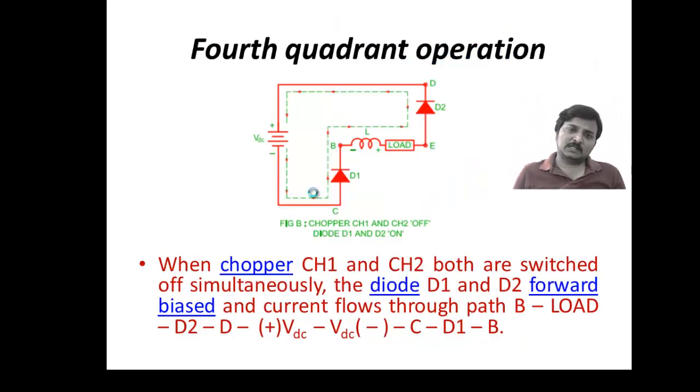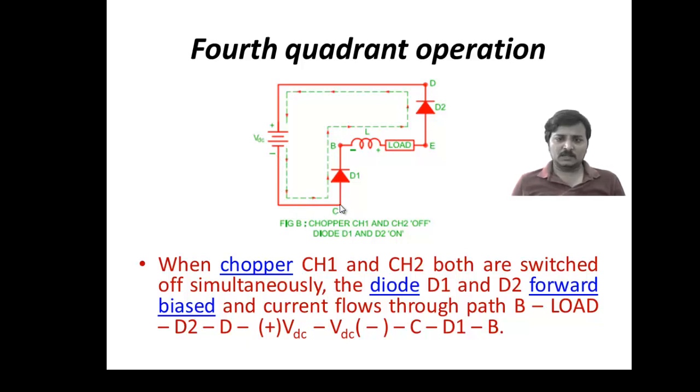Now we go for the fourth quadrant operation, that is mode 2. When the switches are off, during T off, diode 1 and diode 2 will be forward biased and will conduct automatically. When CH1 and CH2 are switched off simultaneously, diodes D1 and D2 are forward biased, and the current flows from the load through diode 1, the source V, and diode 2.